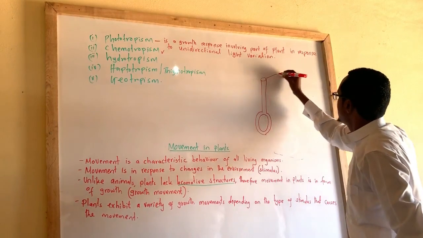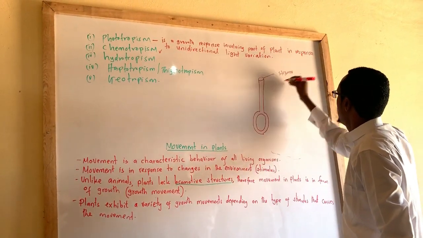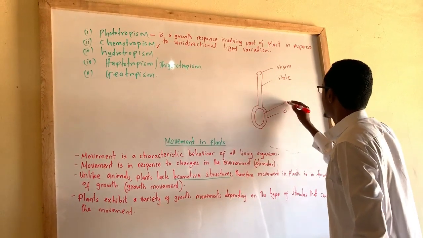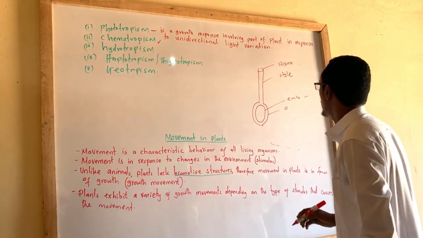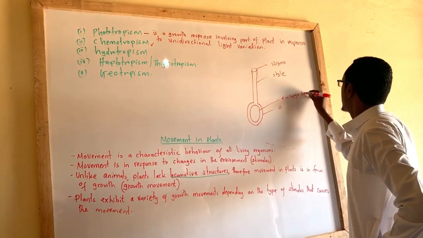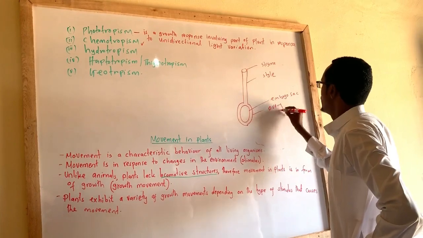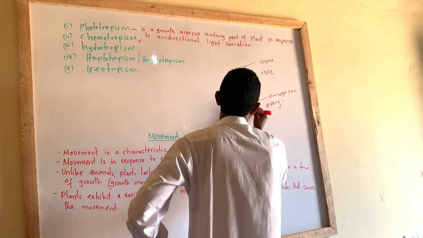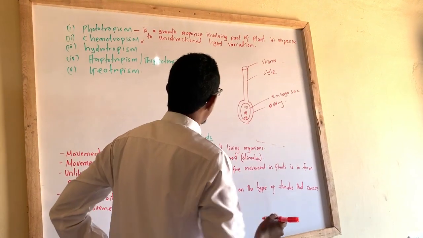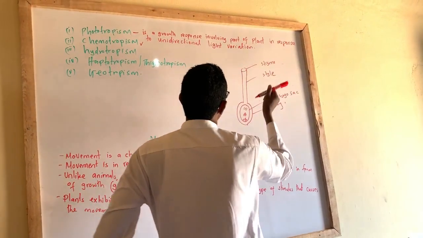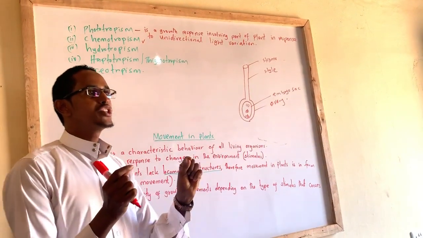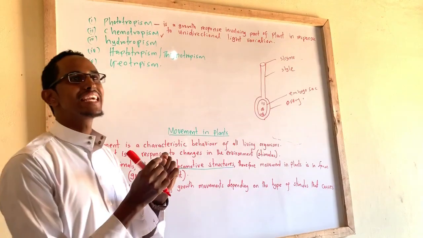Here we have the stigma, we have the style, and therefore the ovary, and this is the embryo sac. So fertilization involves the fusion of male and female gametes.